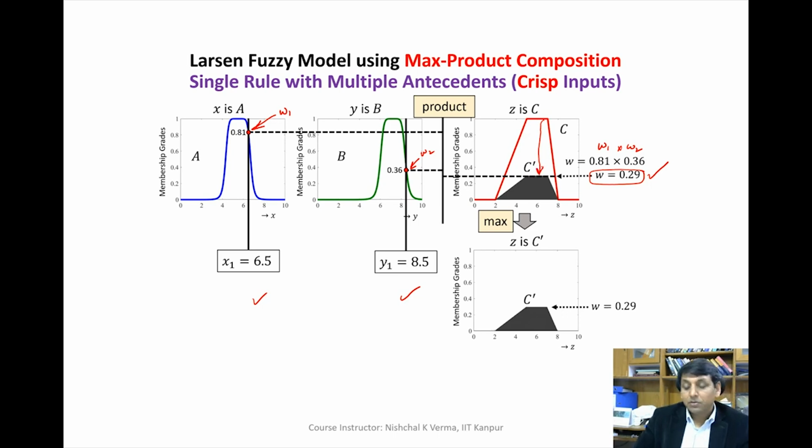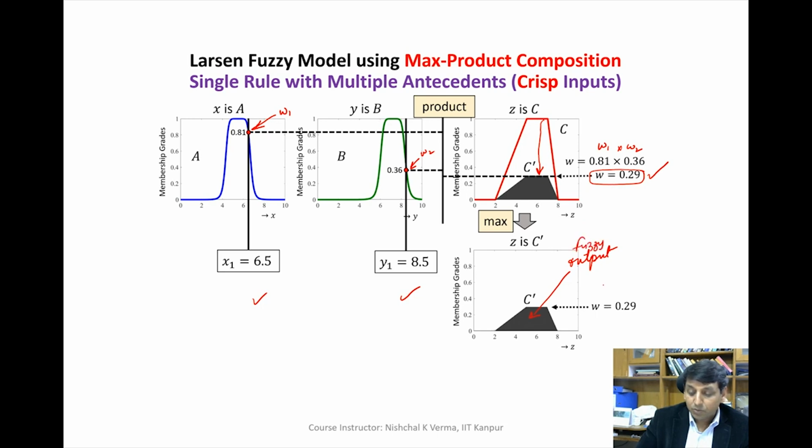So this way we scale down the output fuzzy set, and we have already seen how we write the final output. Here, since we have a single rule, max is really not applicable. We have only one, whatever output comes will remain.